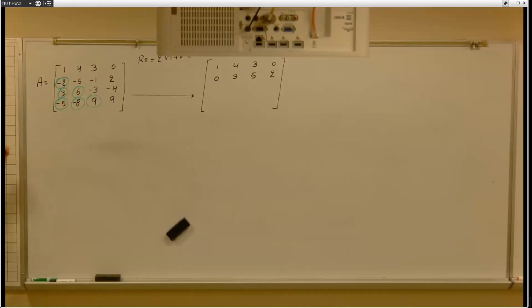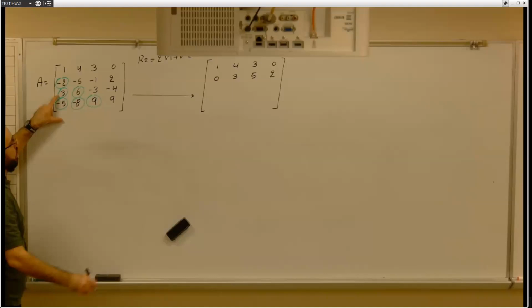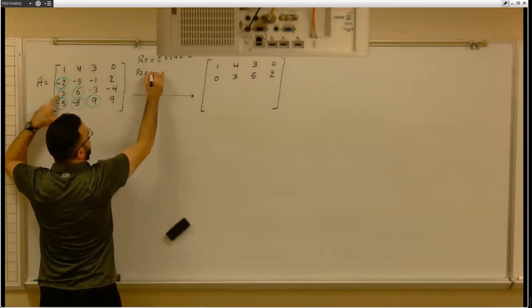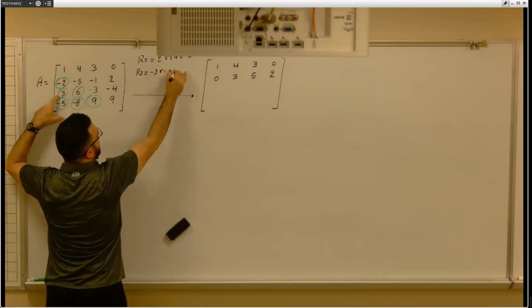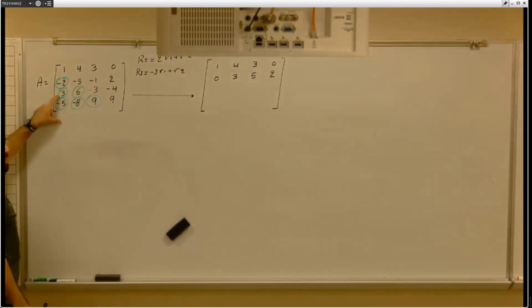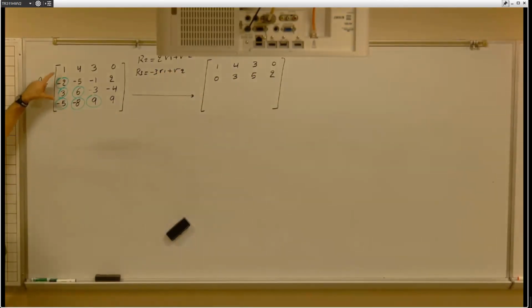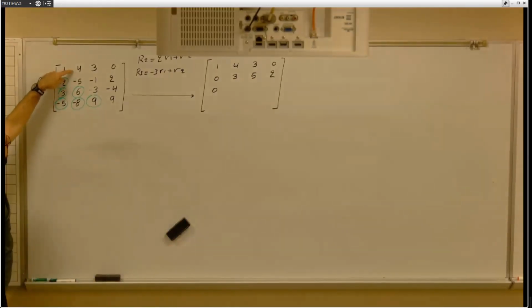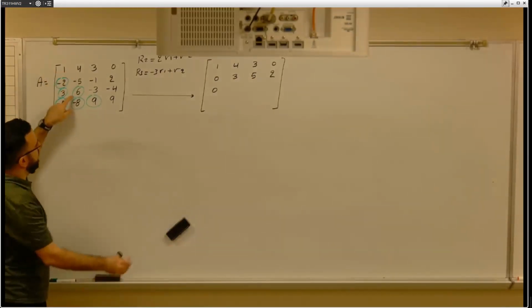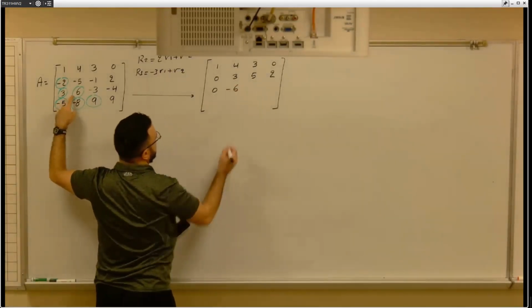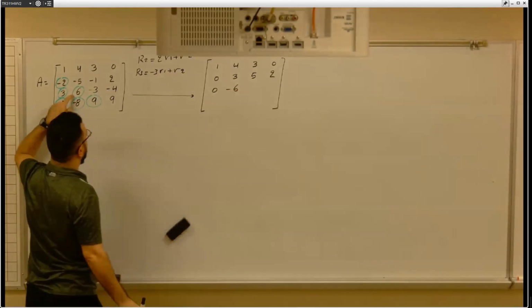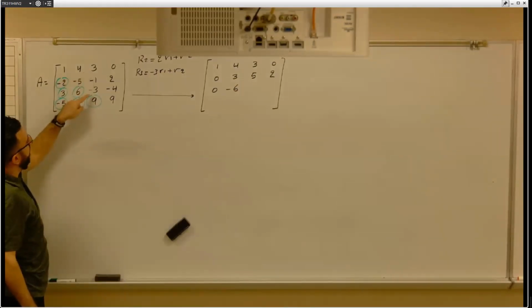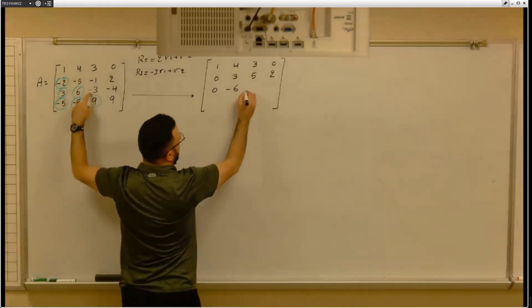For the next one, I need to convert the 3 to 0. So I'm going to say R3: multiply R1 by -3 and add it to R3. Okay, so -3 times 1, -3 plus 3 is 0. -3 times 4 is -12, plus 6 is -6. -3 times 3 is -9, minus 3 is -12.